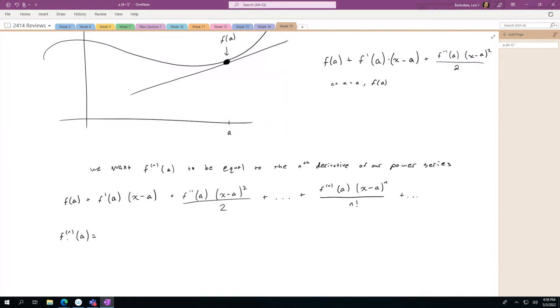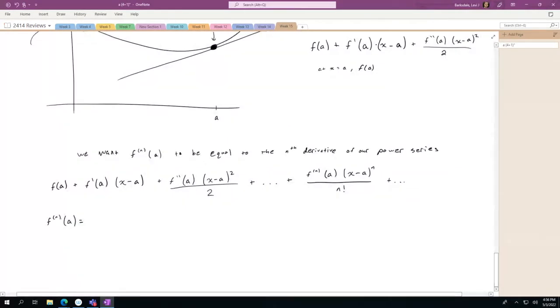When I have a term that has degree larger than n, then I'll have some number of x minus a's left over. So when I plug in a, I'll have a minus a, and those will become zeros and also disappear.